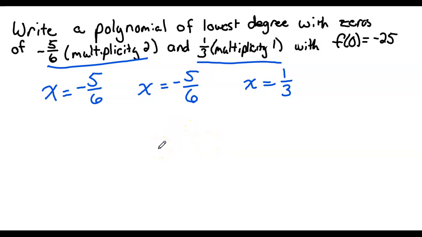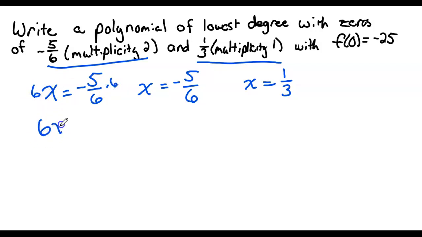When we have the zeros and we want to build back the polynomial, what we have to do is set these back into their factors. Basically, what we're going to do is move everything back to the other side and get these equal to 0 again. So I'm going to multiply both sides by the denominators.